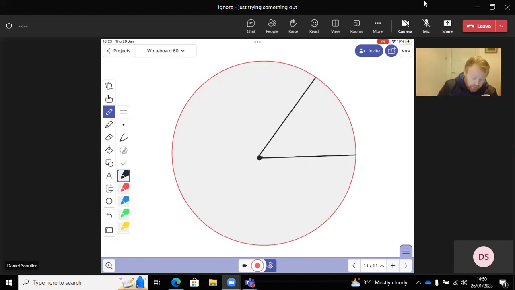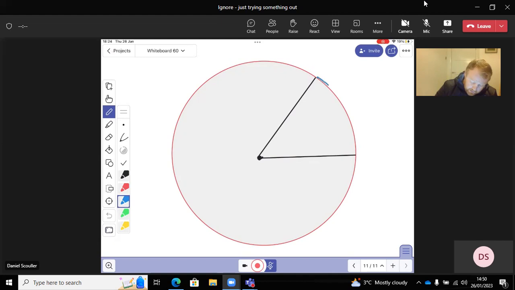When we're looking at the full circle, remember the arc will be on the outside, so that's why we use the circumference. The outside of the circle, the full way round, is called the circumference.